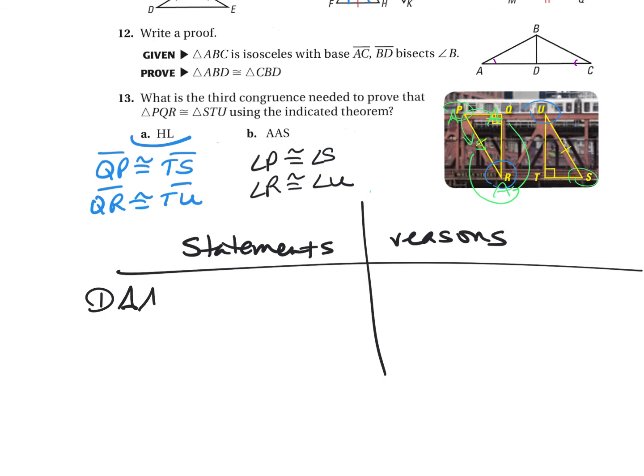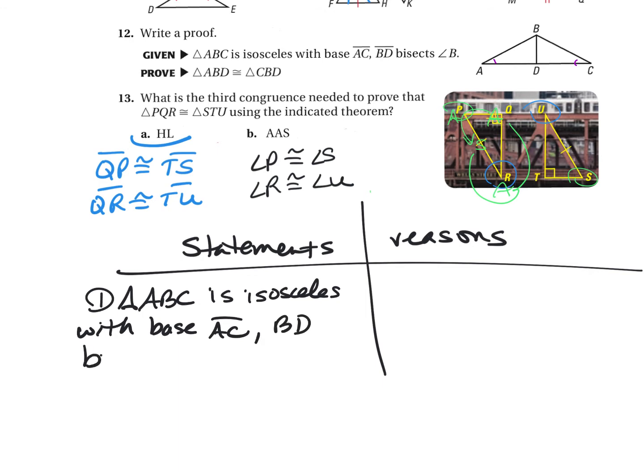That triangle ABC is isosceles with base AC. And then BD bisects angle B, so that was given.